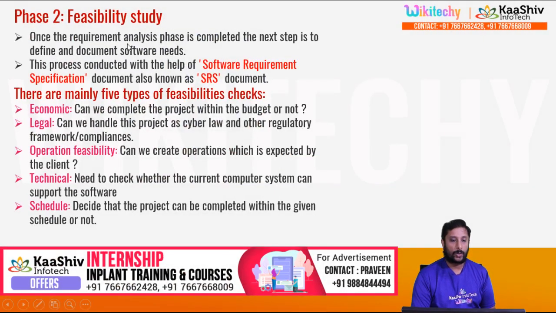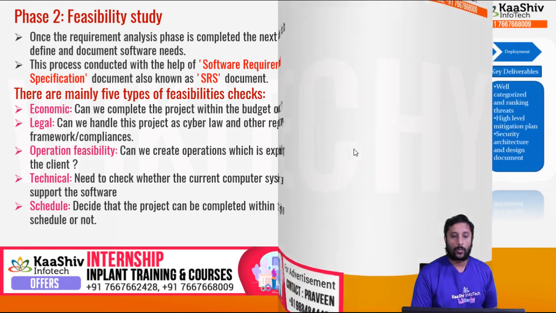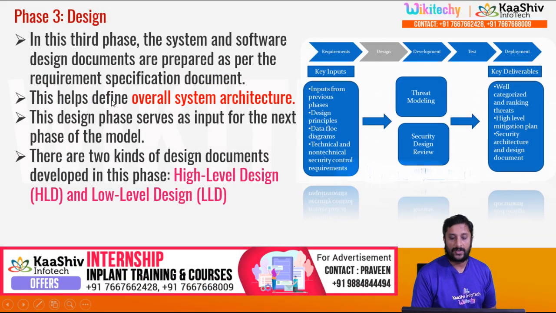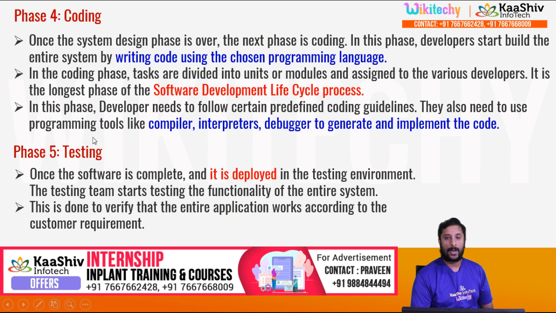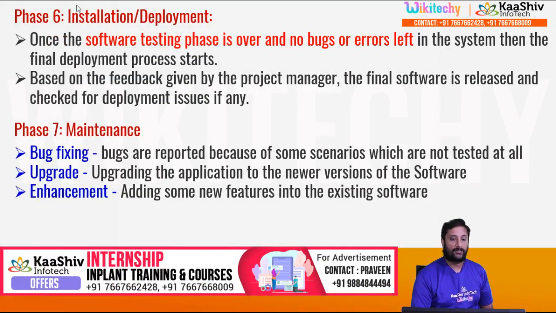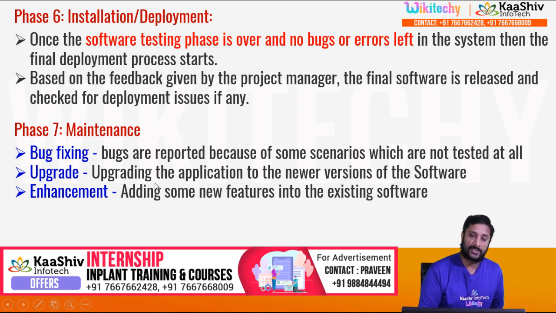After getting the requirement, go for a feasibility study: economic, legal, operational, technical and schedule feasibility, check everything. Once it is ready, go for the designing phase, designing the forms and everything. Then after designing, go for coding, test the product, and afterwards deploy it onto the customer's machine and go for maintenance. If there are any bugs, fix them, and go for enhancement or upgrading the project.